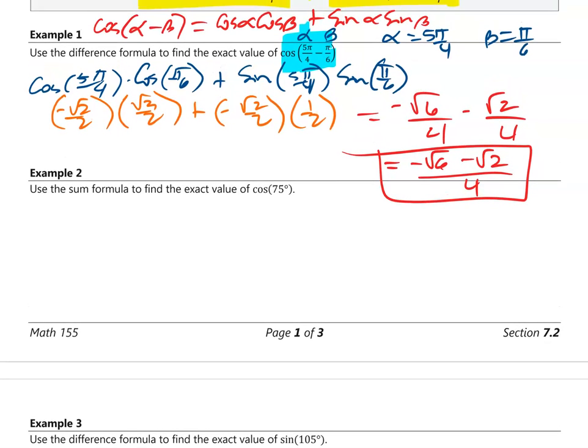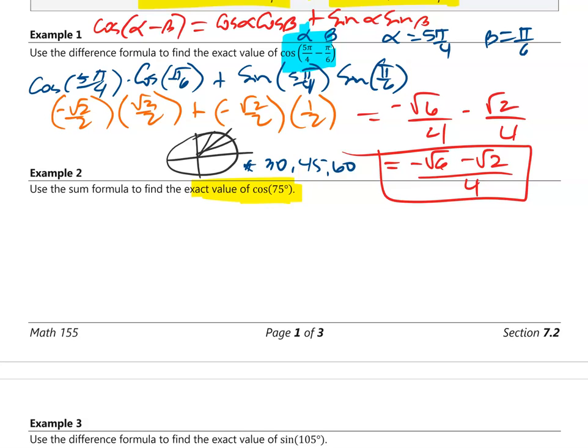Okay. Number 2, use the sum formula to find the exact value of cosine 75 degrees. So since we know the values in quadrant 1, like pi over 6, pi over 4, and pi over 3, 30 degrees, 45 degrees, and 60 degrees, we can rewrite cosine of 75 degrees in terms of 30, 45, and 60 degrees.